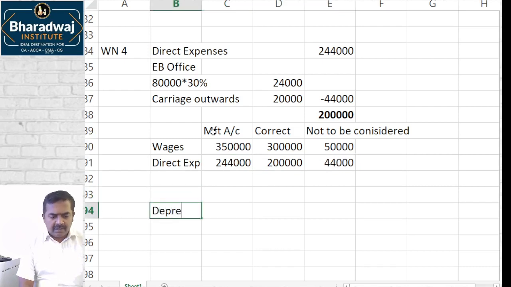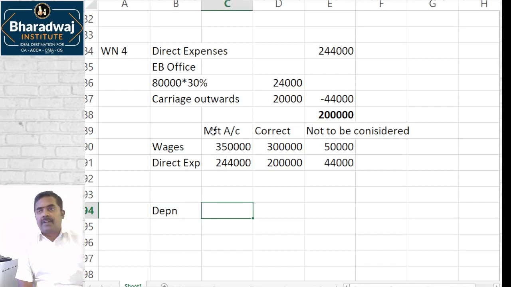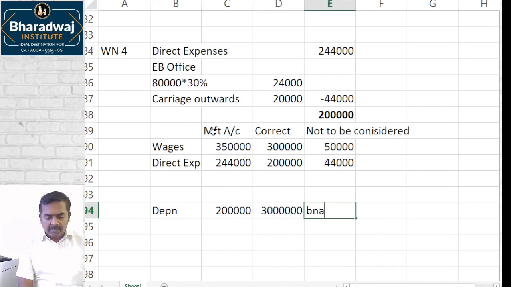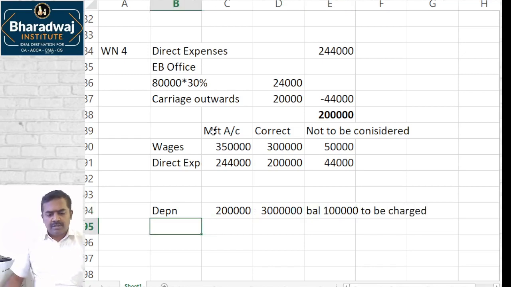Depreciation separately: how much has been charged in the manufacturing account? 2 lakhs. But the correct amount we worked out is 3 lakhs. Balance 1 lakh to be charged.